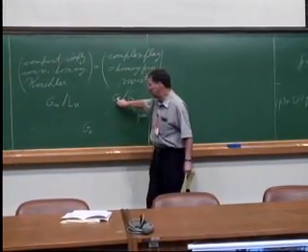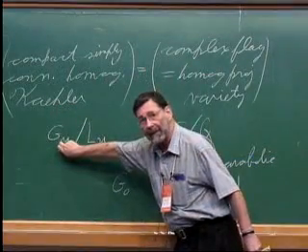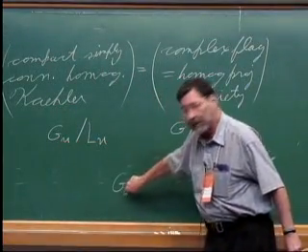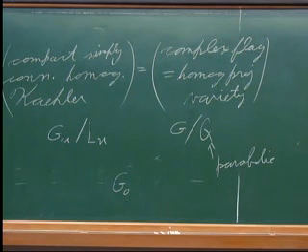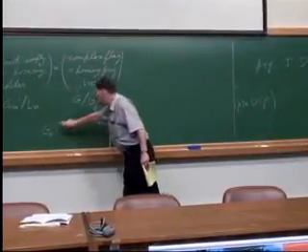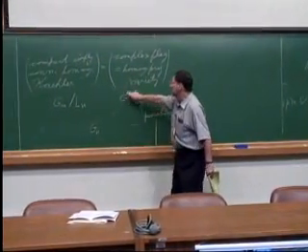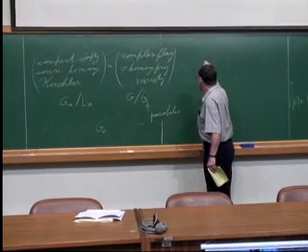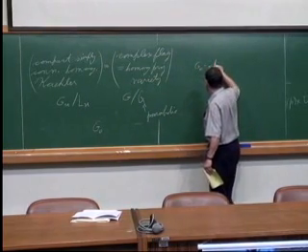So this is the complex one, this is its compact real form, and this is just some other real form, probably non-compact. So now let's get back to the situation where G naught, of course, sits inside G and it acts here. So we have some G naught orbits.